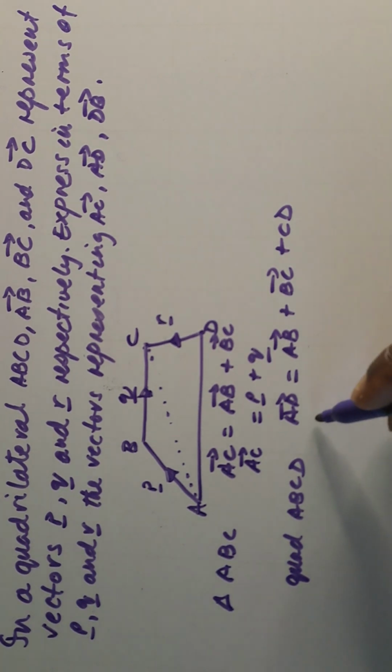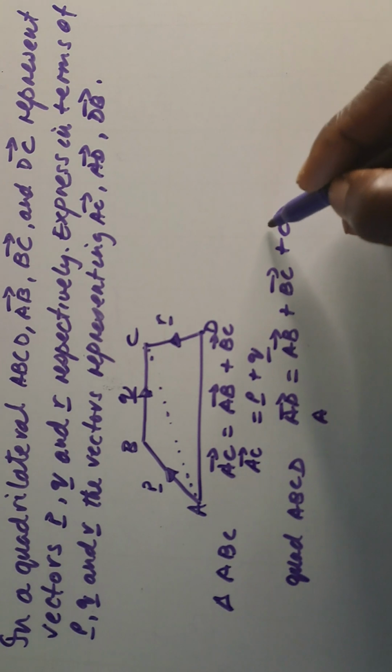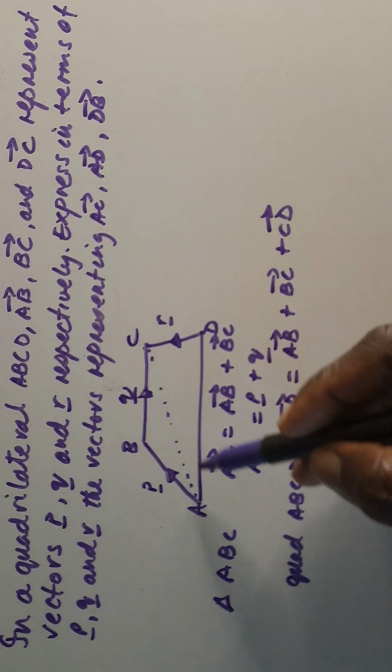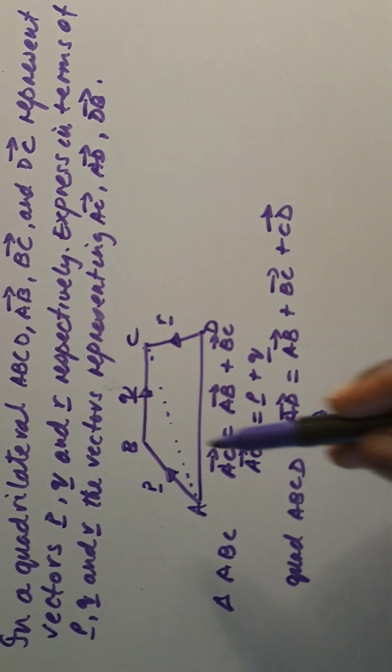Well, let's go a bit further and you'll see that CD, the displacement CD, is negative because it's going in the opposite direction to AB and BC.